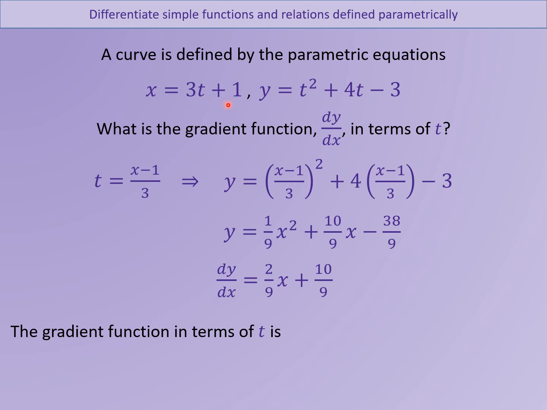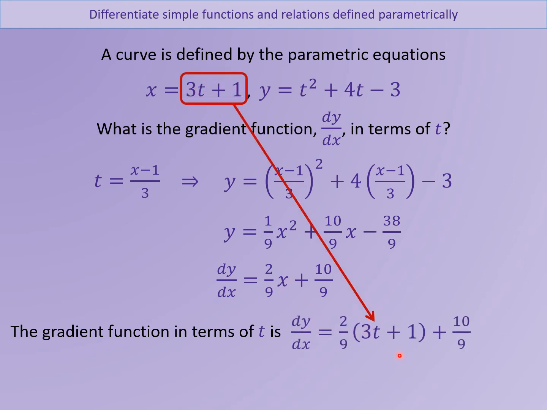The x value is 3t plus 1. So yes, you should have finished it off quite correctly by substituting that 3t plus 1 back in for x, and therefore you've got the gradient function in terms of t. So you could find what is a gradient at t equals 1, for example. Okay, neaten it up gets you 2t plus 4 over 3.